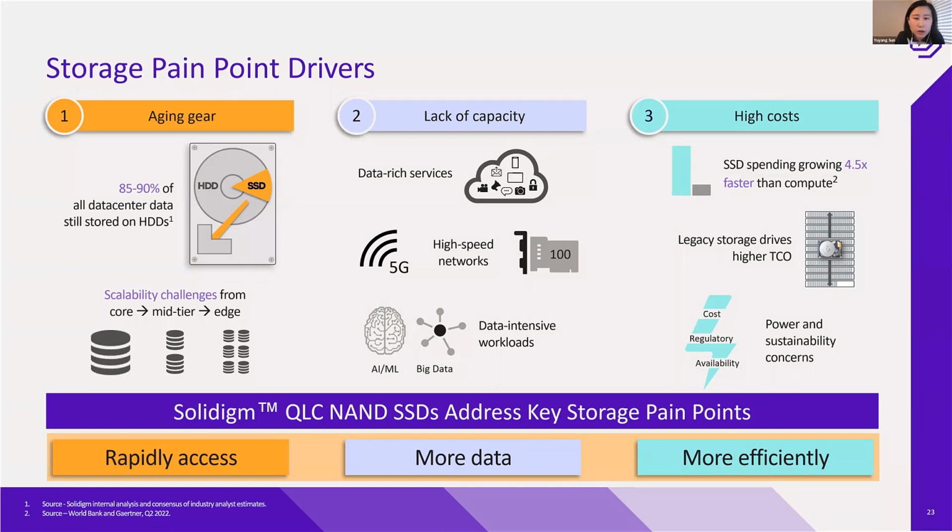And a lot of applications such as AI, machine learning, big data, they need a lot of data, and they need to be able to access those data fast so that they can process it. So we see one of the challenges as lack of capacity in the data center.